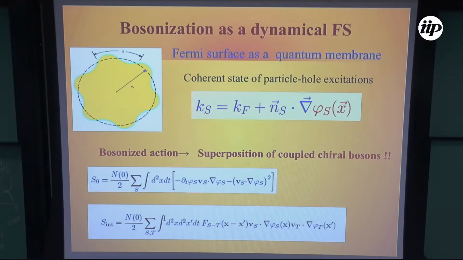And of course, we can go through this type of technique, and you can rewrite that model that I showed you as a field theory in terms of these bosons, phi. This is essentially the free part, where each S represents one patch, and for each S you have essentially chiral bosonic field excitations, and this is the interaction part.